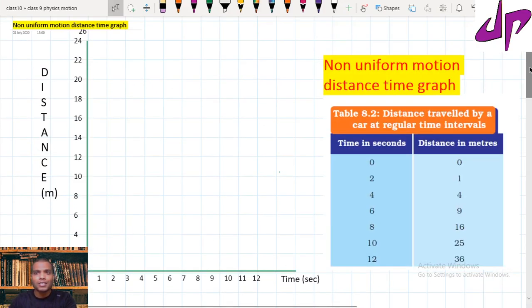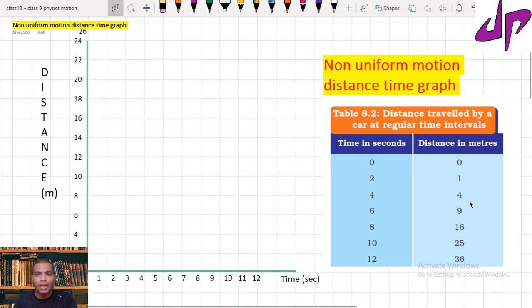To draw the distance time graph for non-uniform motion, I have selected certain details from the NCERT table 8.2. This is the distance traveled by a car at regular intervals of time. Now see here, the time intervals are equally divided: 0, 2, 4, 6, 8, 10, 12.